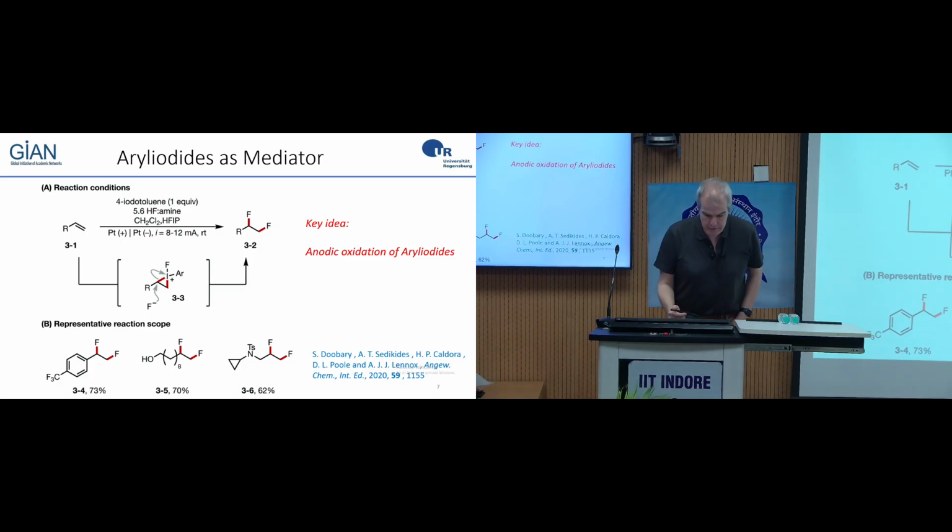And the way they do this here, again, also very nicely, they're not using iodine here, they're using iodotoluene. 4-iodotoluene. And now if you oxidize this, ultimately what we want to do is take away 2 electrons, right?